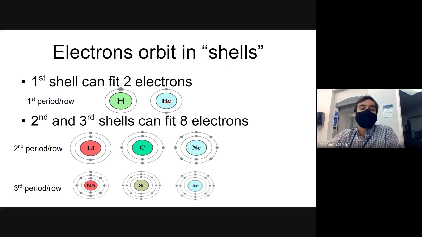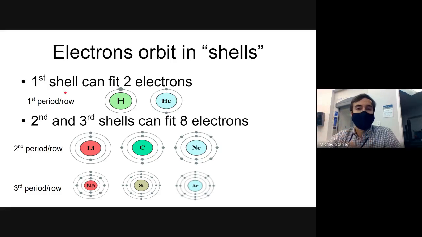So each atom, depending on how many electrons it has around it, has these different shells. You can think about them kind of like the layers of an onion. The onion has the outer layer, and you peel it away and there's a smaller inner layer, and then you peel that away and there's an even smaller inner one. The electron shells work kind of the same way. There's a layer that's closest to the nucleus, so we call that the first shell.